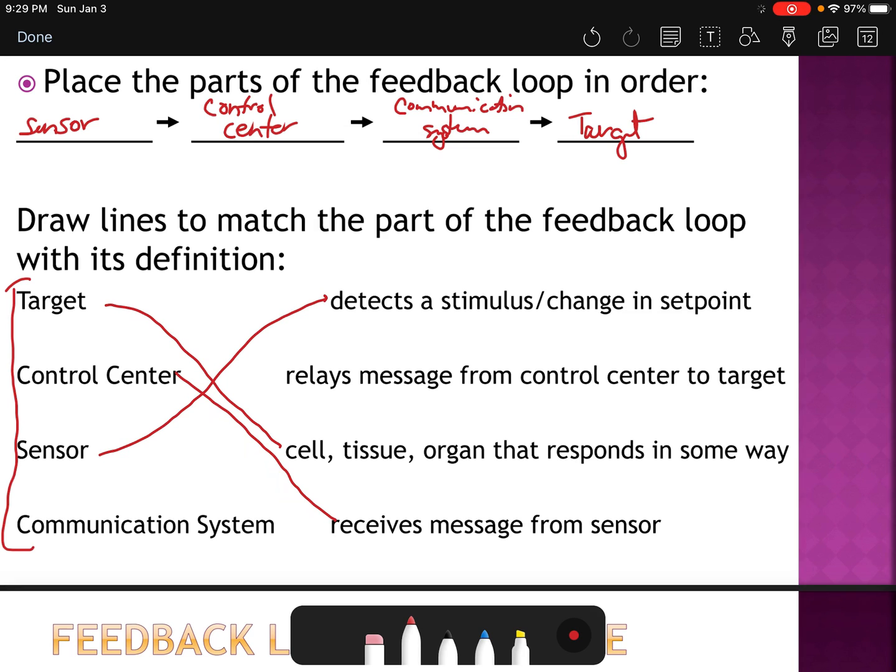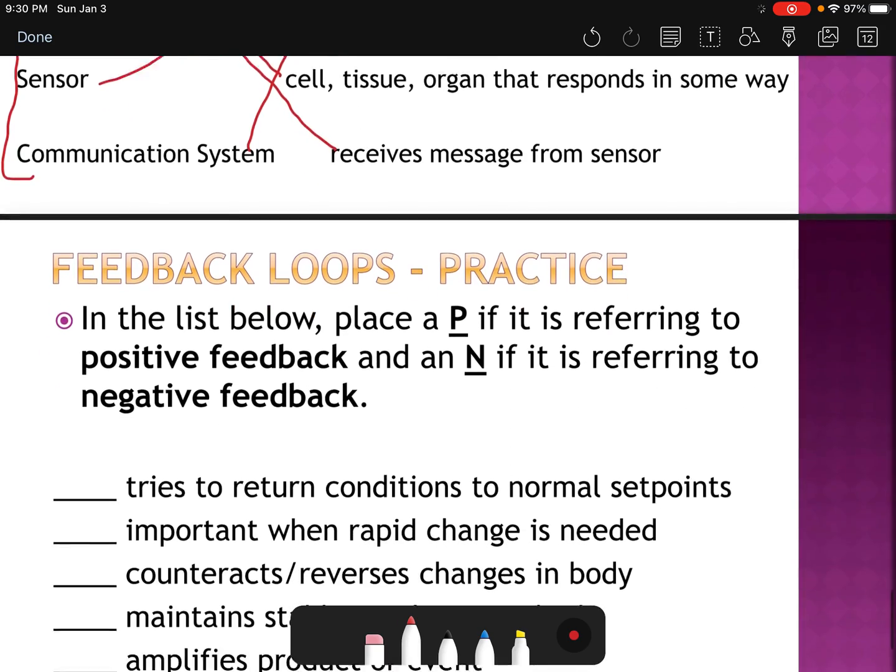It's going to detect, hey, something's off here, and it's going to relay that message to the control center. And the communication system is going to relay the message from the control center to the target so that the target can respond in some way. Okay, so make sure you know the different parts of a feedback loop and the order that they follow when they go through a feedback loop.